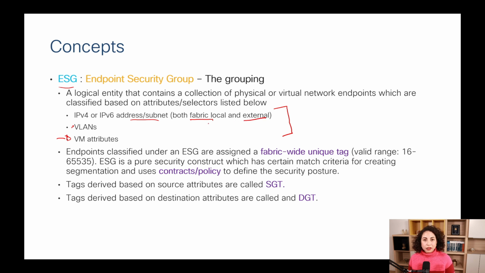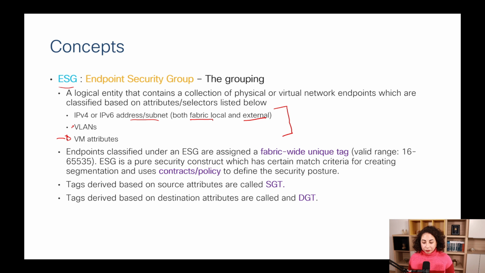Fabric local means hosts that are connected to the fabric, which we learn either through the MAC addresses from the L2 frames, or the IP address through HMM. Or the external subnets that we can learn through routing, whatever the type of routing, whether static or dynamic, through a connectivity with an external device.